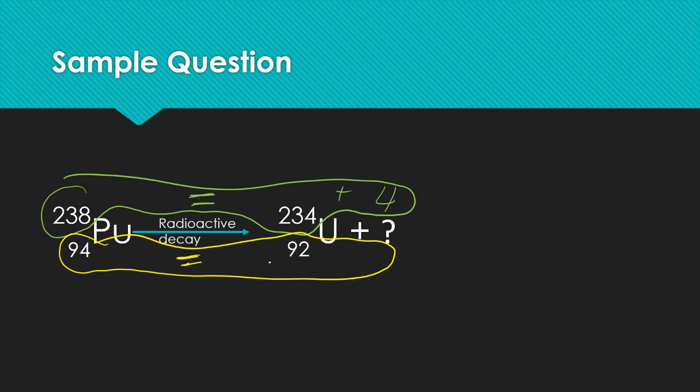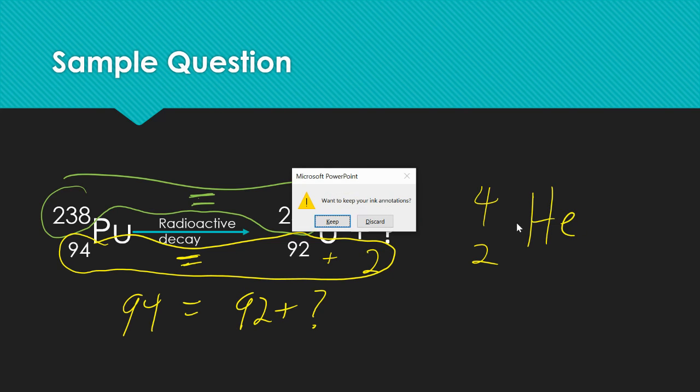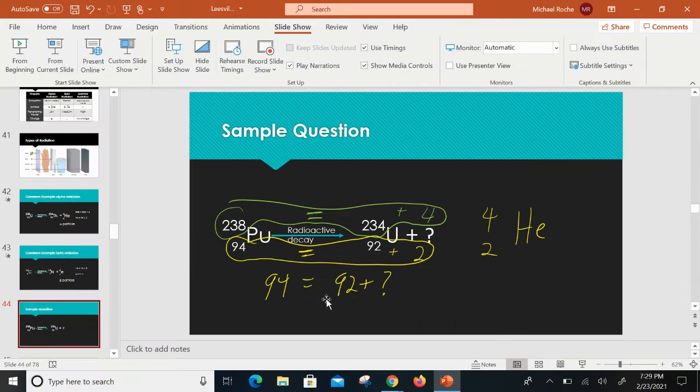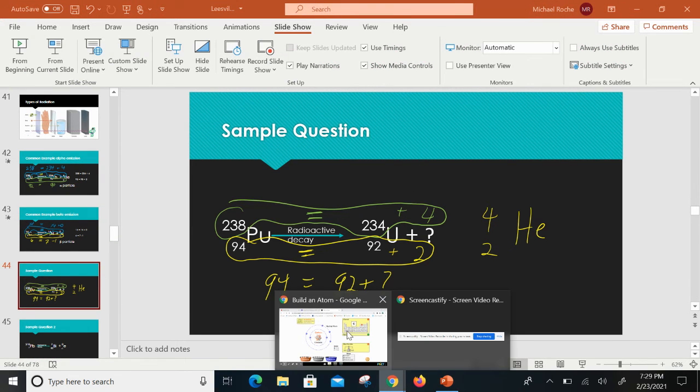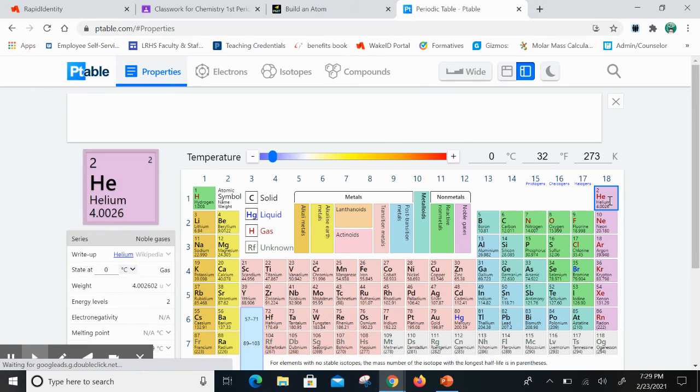That's going to be a 2. So what we have is something that has a mass of 4 and 2 protons. And if you go to your periodic table, you will see that is helium, right? So that's an alpha particle that was released. We can really quickly look at our periodic table and find out that that's helium right there, 2 protons.